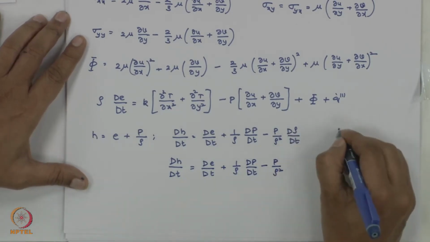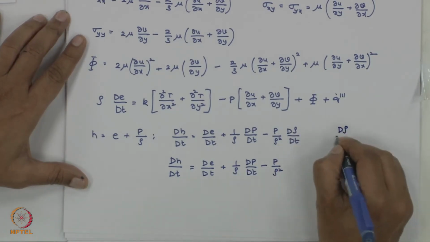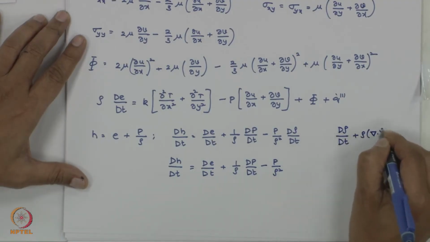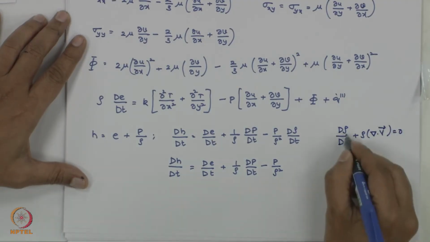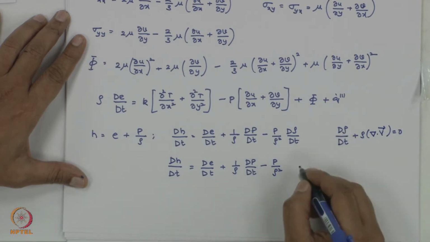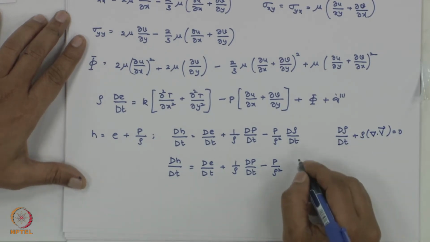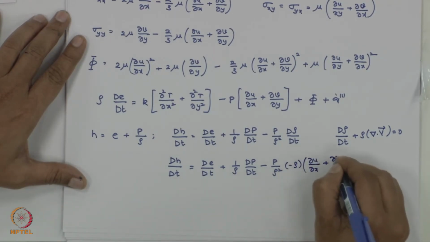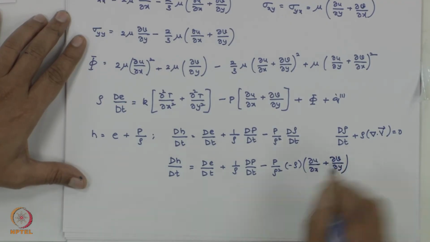We know by conservation of mass, d rho by dt plus rho del dot V equal to 0. So that means d rho by dt will be minus rho del dot V, and del dot V is nothing but del u by del x plus del v by del y.